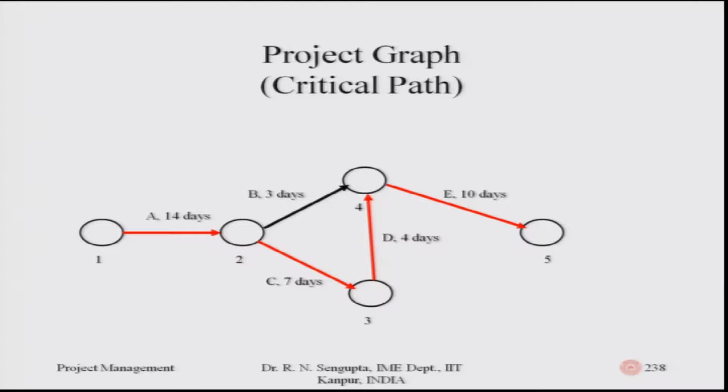So if B and C start immediately, then B would end after the end of 17 days. But in that case, C has to complete an extra 4 days, because C has 7 days. So if it has to complete the whole work for C, an extra 4 days is required to finish C. Technically it means that B could have been delayed by 4 days, such that if 4 days have been the delay for B, then C would have completed 4 days of its work.